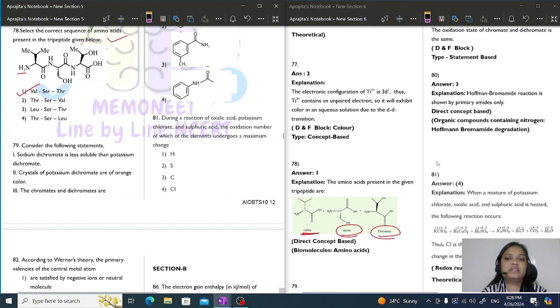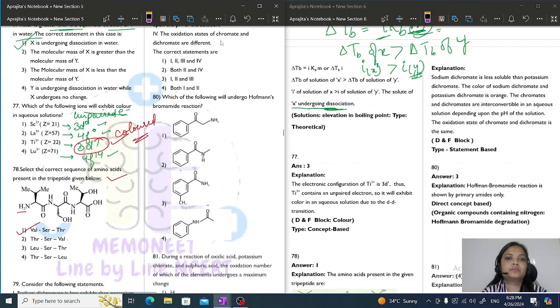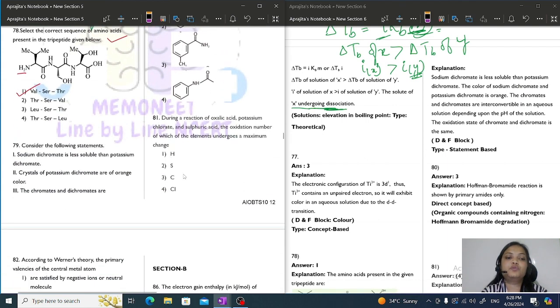Question number 79, consider the statements and we need to find out the correct statements. First one, sodium dichromate is less soluble than potassium dichromate. This is true, it is less soluble. Crystals of potassium dichromate: yes, dichromate ion gives an orange color, so potassium or sodium dichromate, whatever it is, will be orange in color. This is also true.